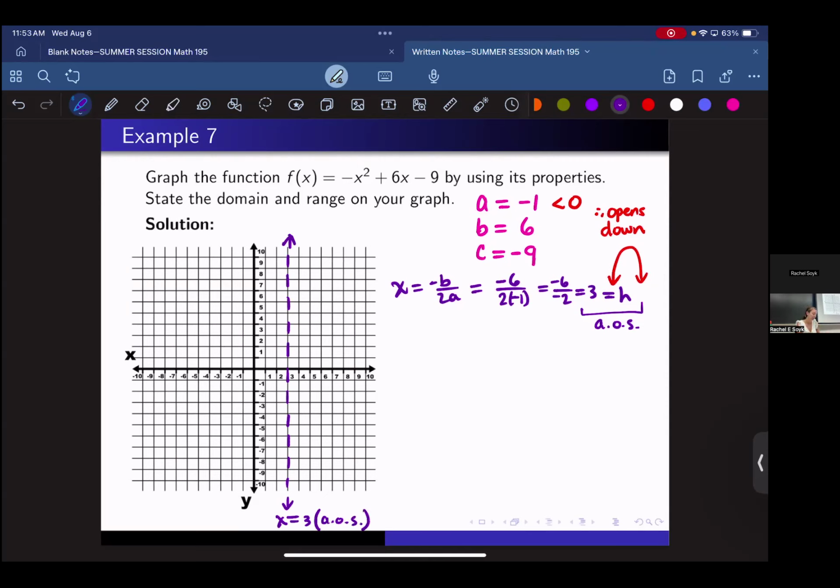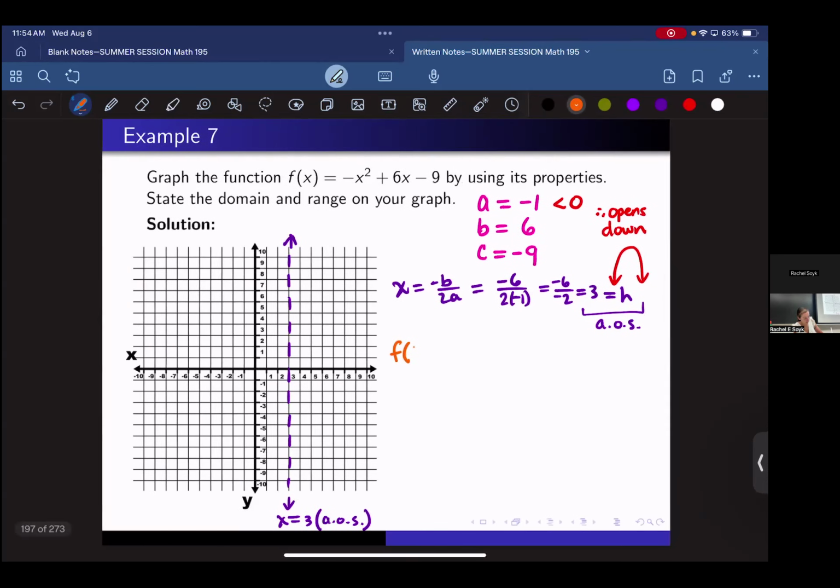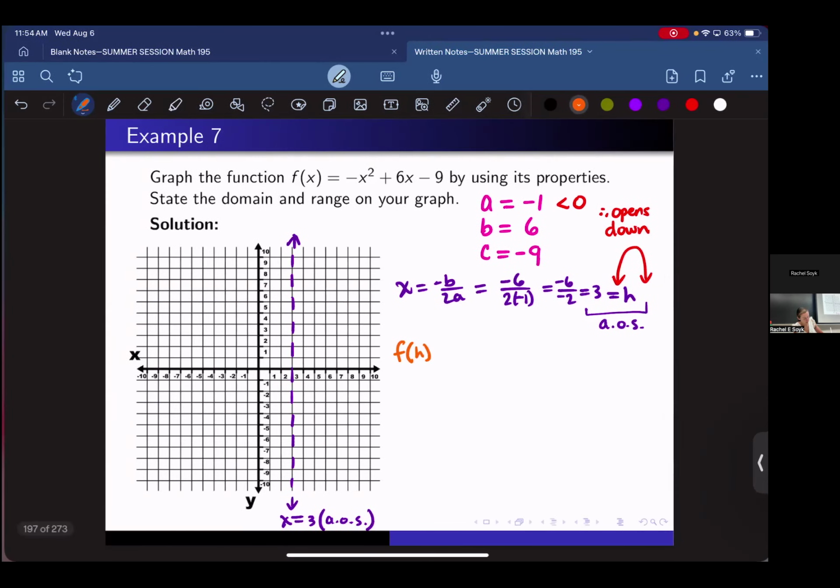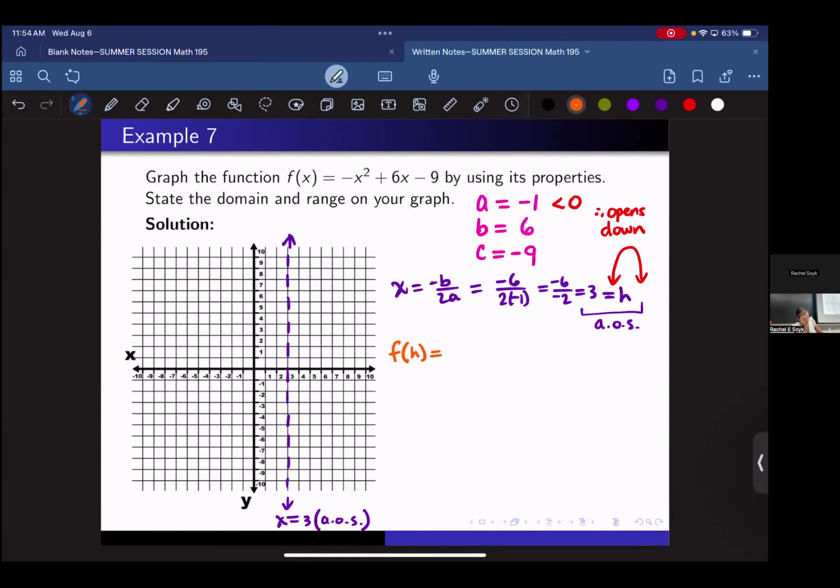Okay. Now let's find our vertex. How do we find our vertex? We just plug in our axis of symmetry. Right, we want to find that k value into our function. And so we're looking at negative in parentheses 3 squared plus 6 times 3 minus 9. Be careful that negative in the beginning is not part of the parentheses.